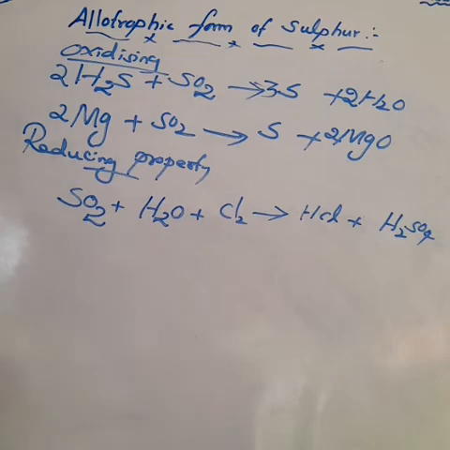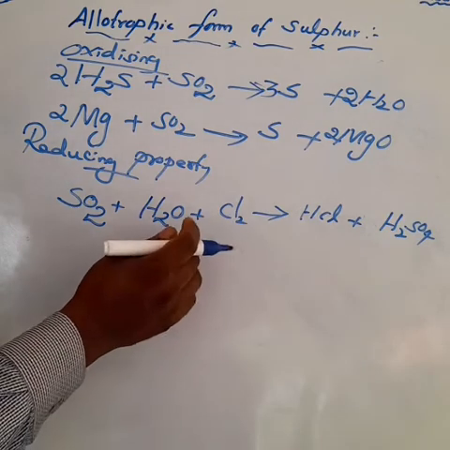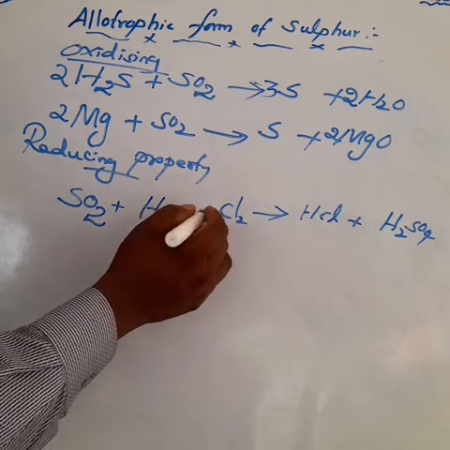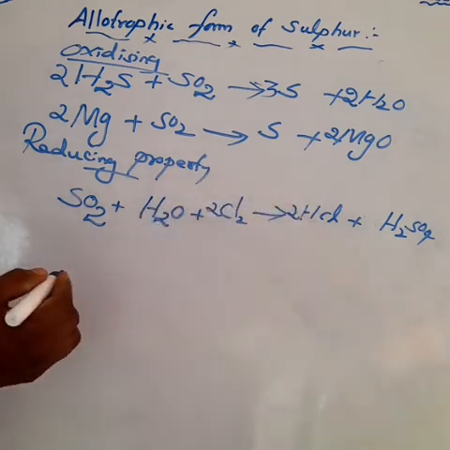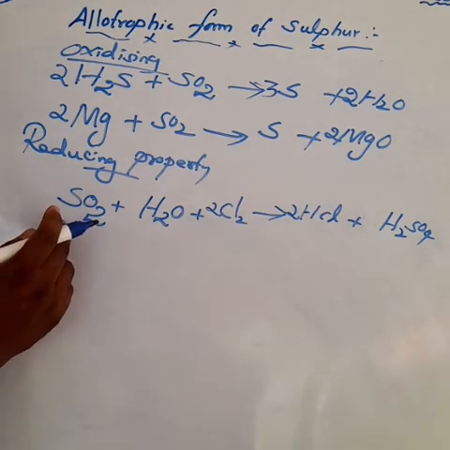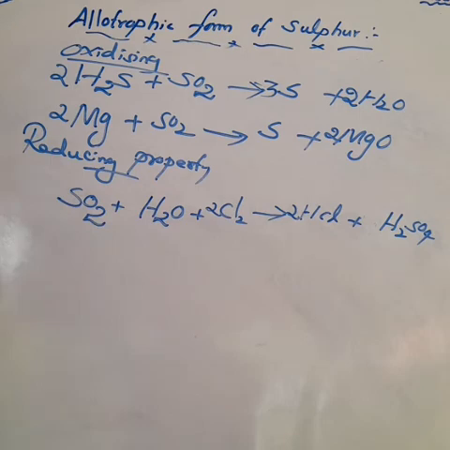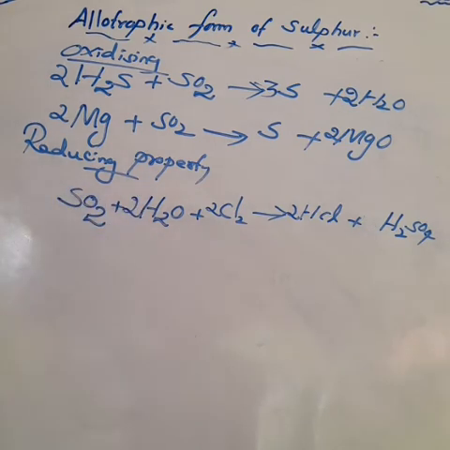So in total, on the reactant side, how much chlorine is there? 2 chlorine, Cl2, am I right? So convert the product side to 2 HCl. So how much sulfur is there? Only 1 sulfur. Here also only 1 sulfur. Then to count the hydrogen, 4 hydrogen. So we have to write 2 molecules of water. Now the equation is balanced.